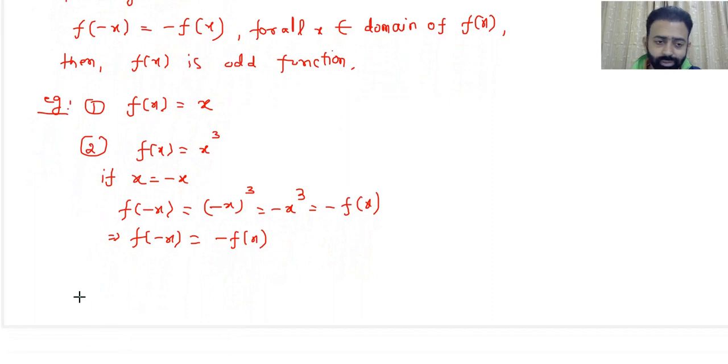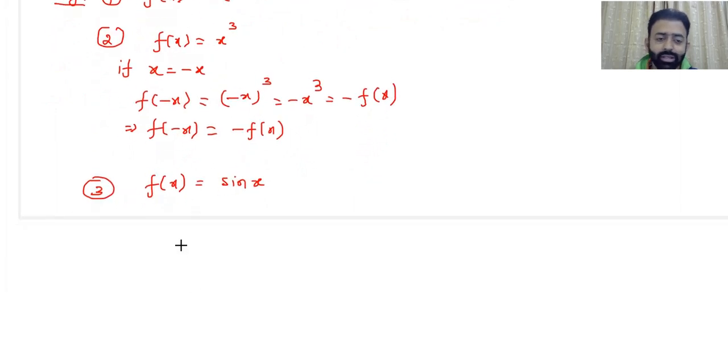Just like we took one example of a trigonometric function, is there any trigonometric function which is odd? Of course, it is the complementary of the cosine function, which is the sine function. So f(x) is sine x. If you give negative input inside the sine, you get the negative of sine x.